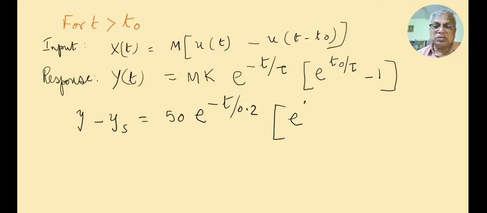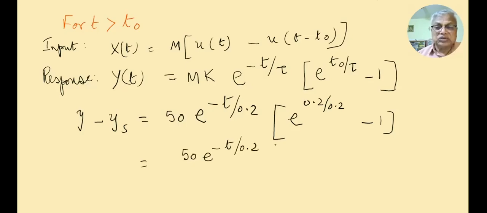T naught is also 0.2, tau is also 0.2, so t naught and tau are the same.